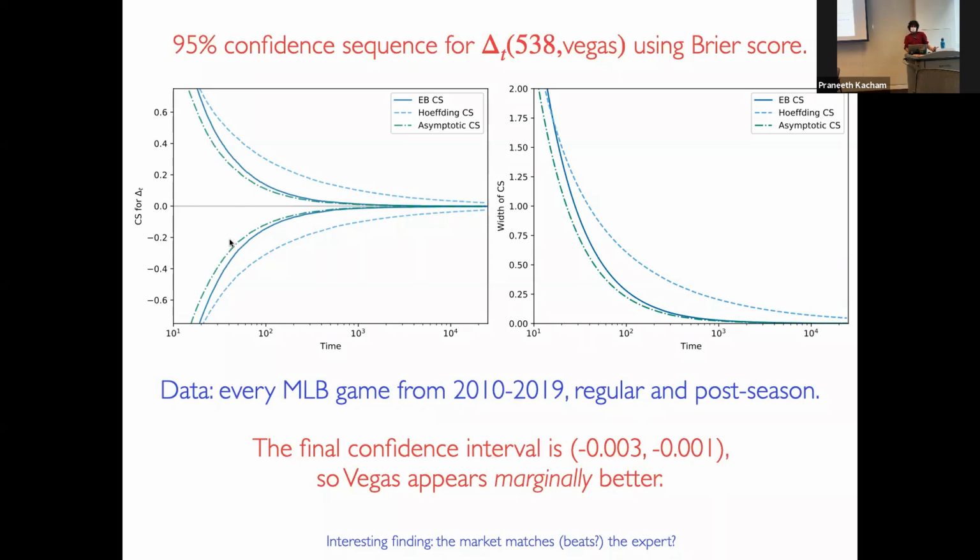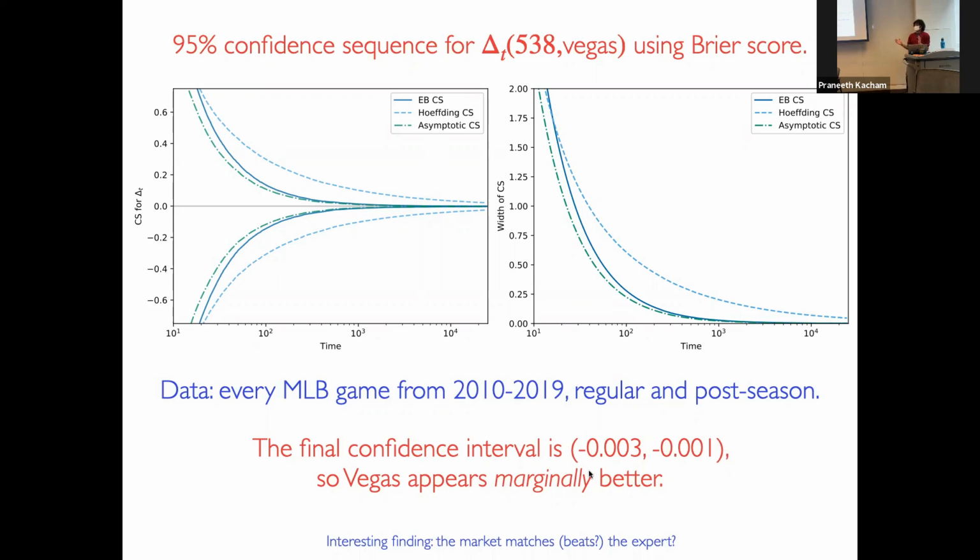And what you see here is the confidence sequence that you get. I'm going to ignore two of them. There are various methods: there's a Hoeffding confidence sequence and there's the empirical Bernstein confidence sequence. We'll just look at the empirical Bernstein one, the solid blue, and essentially they're basically identical. There's nothing really to tell them apart.